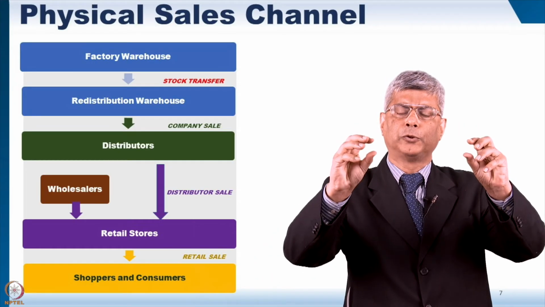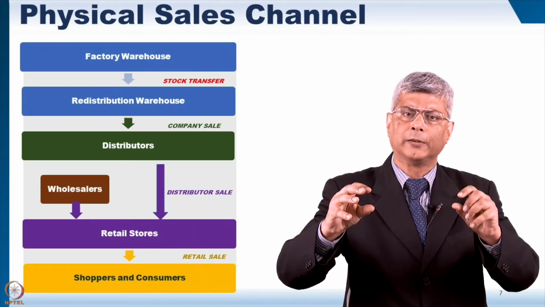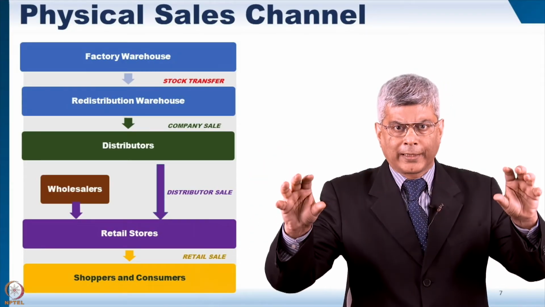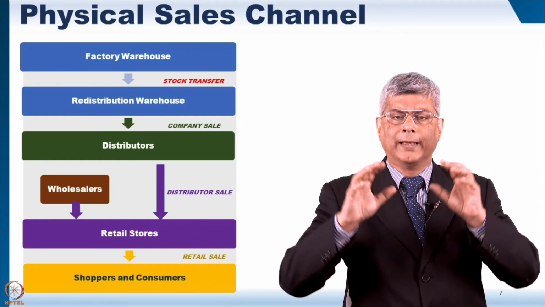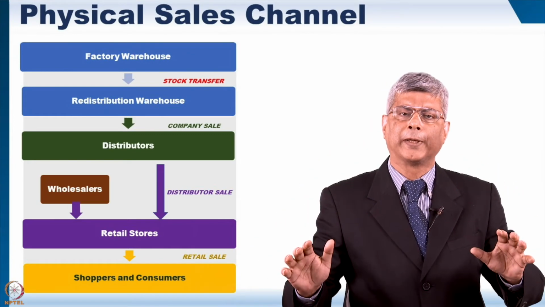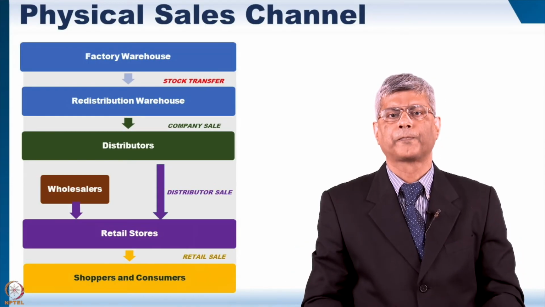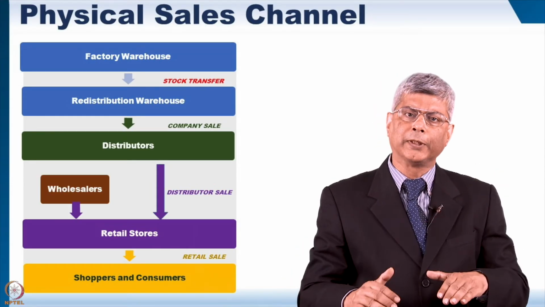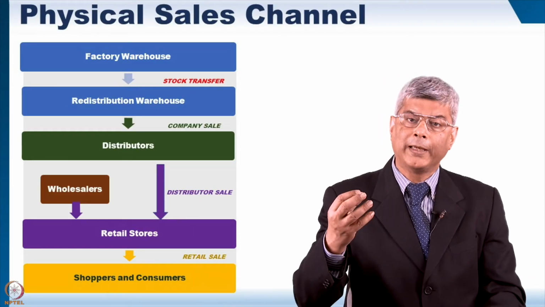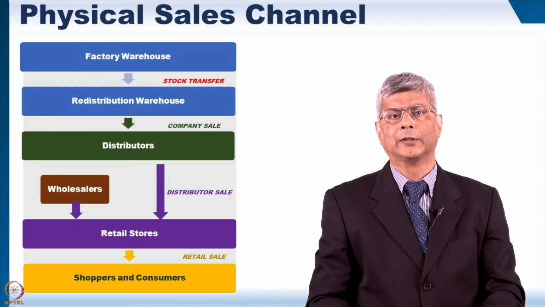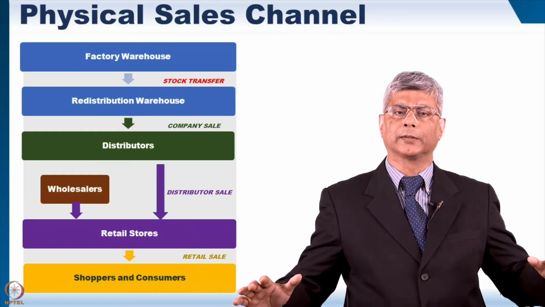Few factories, 2, 3, 4, 5, maybe one. Each factory has a warehouse next to it called the factory warehouse. Then across India, there are redistribution warehouses in every state. Then there are distributors, which will probably be in every city or district headquarters. In a big city, there may be many distributors, and then you've got thousands of retailers.